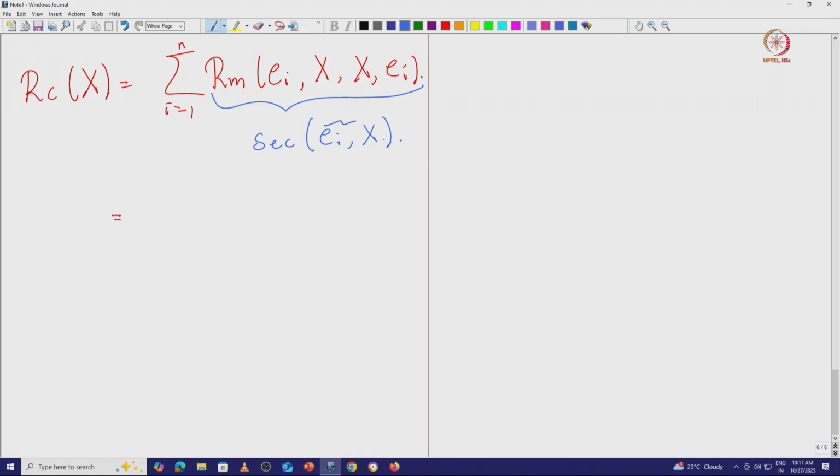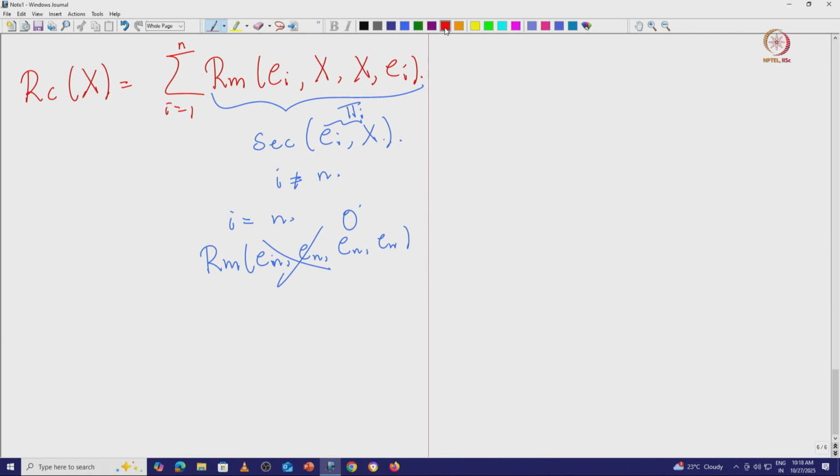Recall that I am calling this the plane pi_i. So this is precisely the sectional curvature of this if i is not equal to n, and if i is equal to n, then this term is precisely E_n because x is E_n, by the skew symmetry of the curvature tensor, this term is 0.